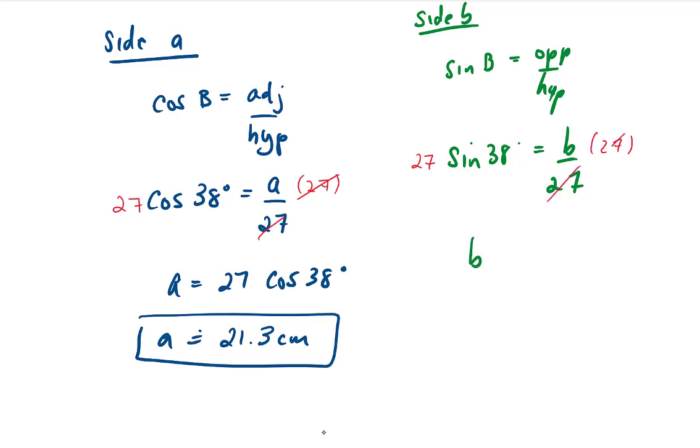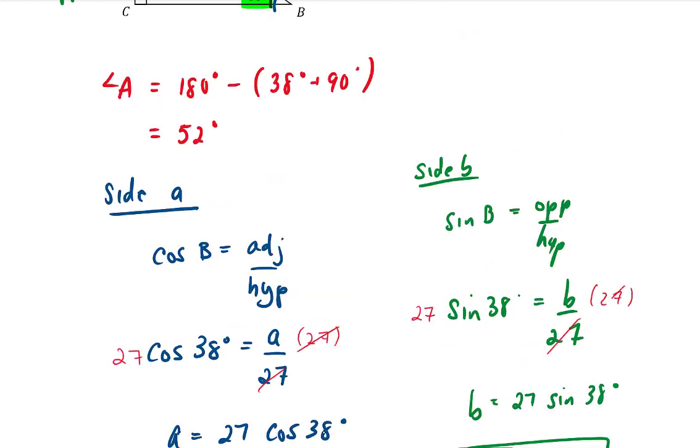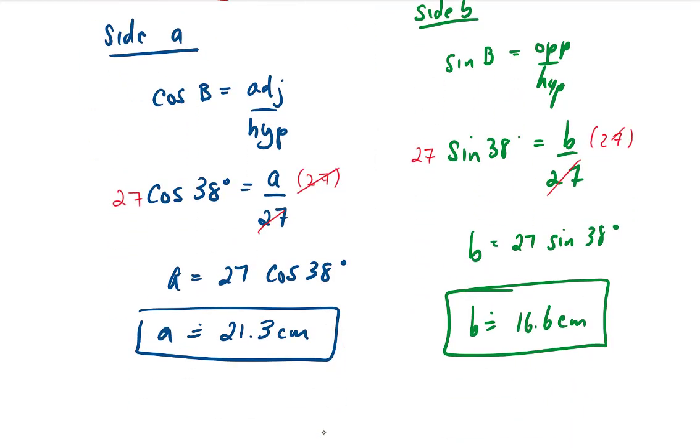And we're left with B is equal to 27 sine of 38 degrees. We get that B is approximately equal to 16.6 centimeters. So now we have all our variables. We have angle A, it's 52, side A, which is 21.3, and side B, which is 16.6.